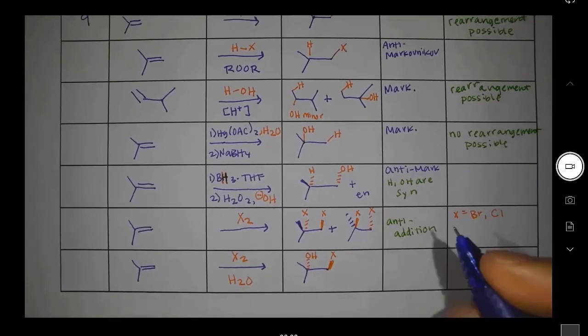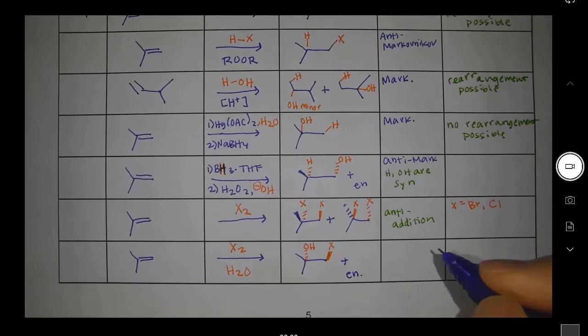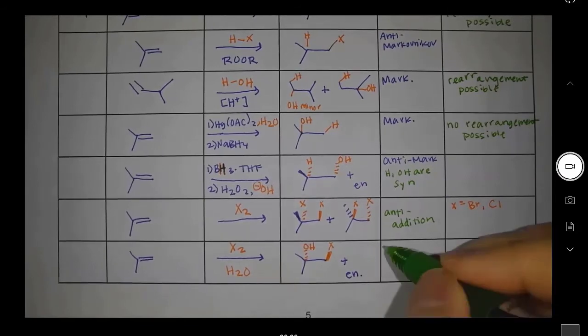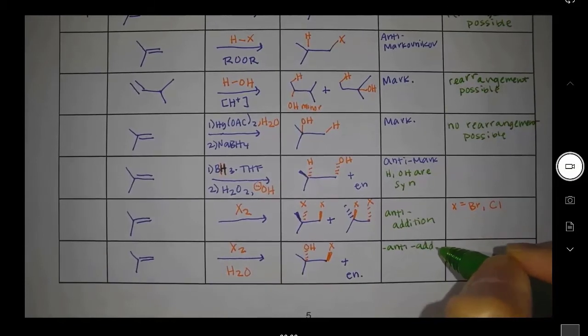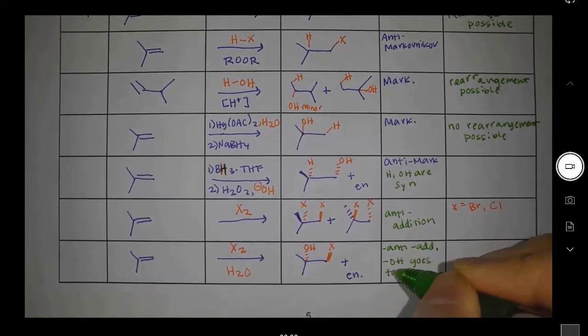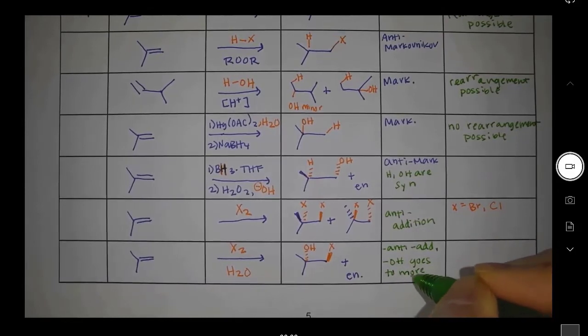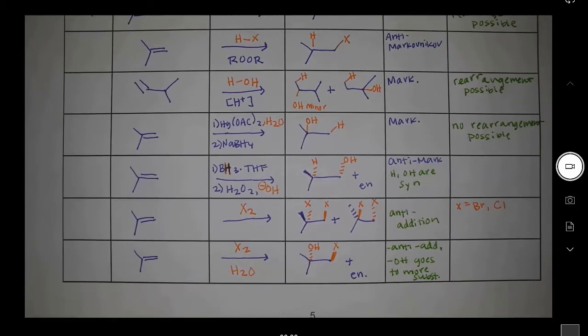So you get this product plus the enantiomer. This one is an anti-addition. And the OH goes to the more substituted carbon.